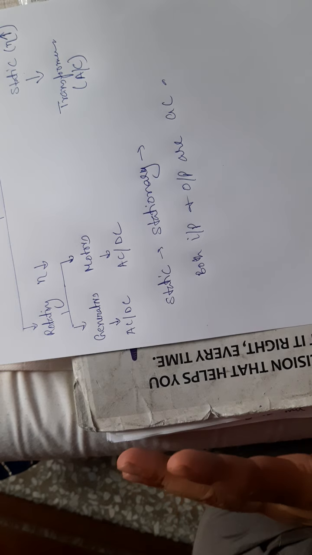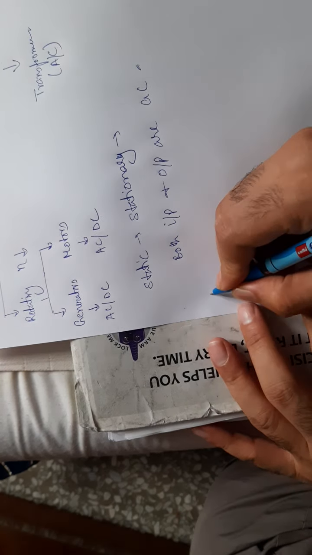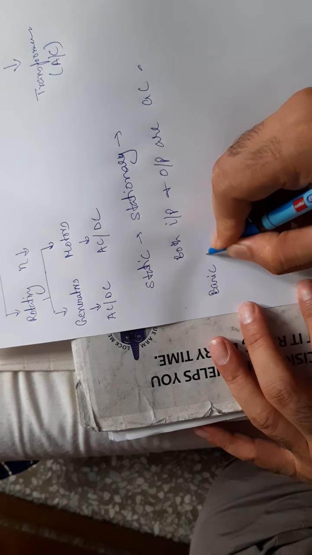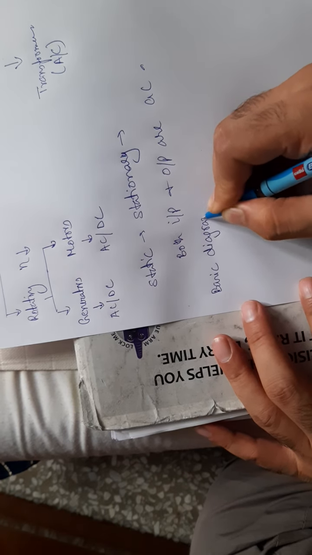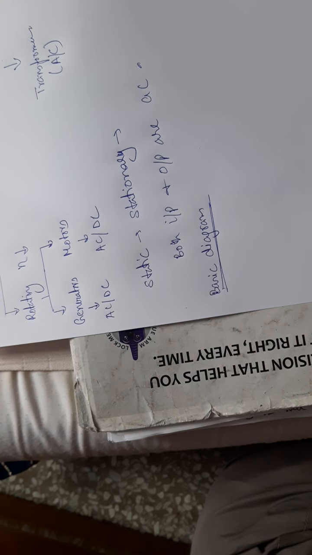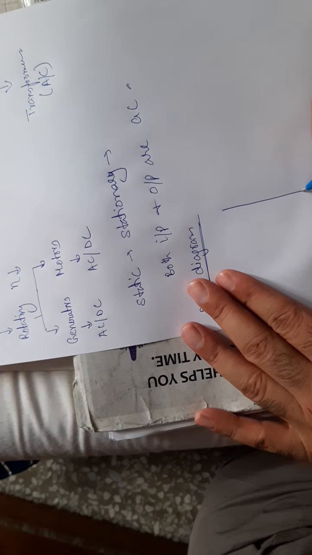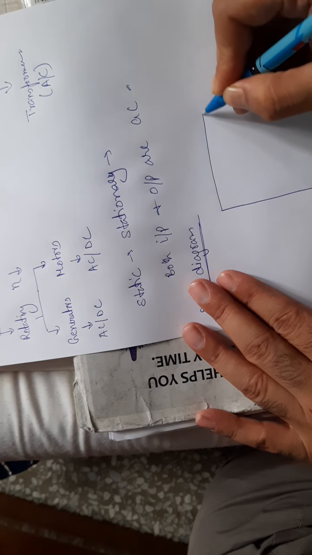So let us first discuss the basic elementary diagram of a transformer. In a transformer, the main part which completes the magnetic path for the flux is the core. I will draw it here like this, making a bigger diagram.